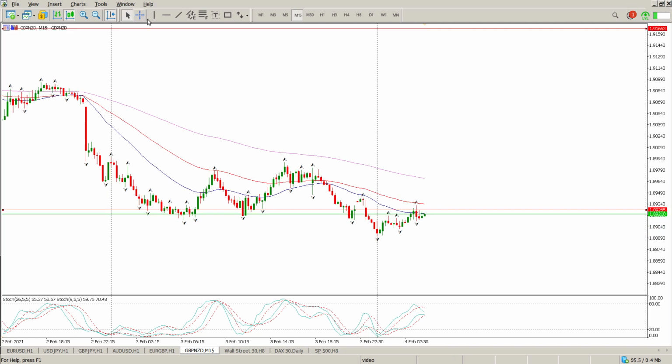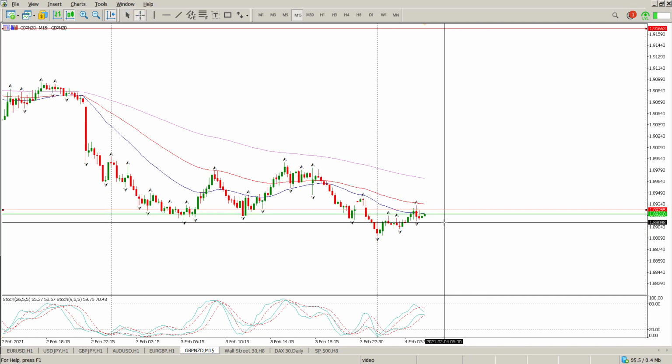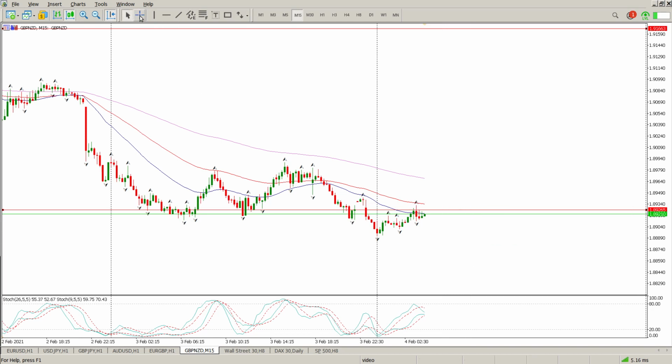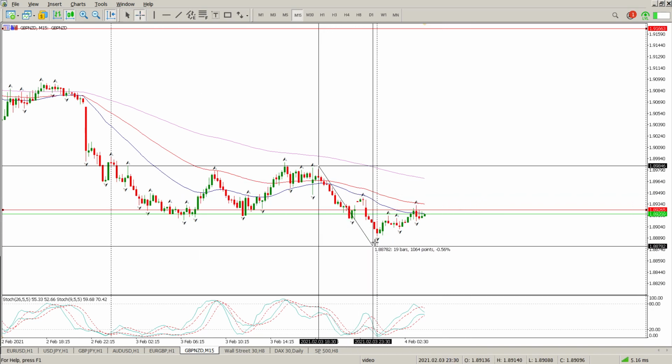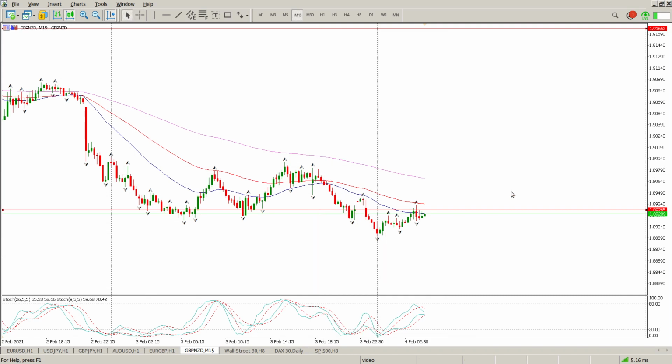So nice and tight risk to reward. Your stop is up there. It's a 257 point stop loss, and you're more than likely going to be looking at this move here. You're looking at a 900 point move to the downside. Okay, so that's kind of what we would be paying attention to at the moment.